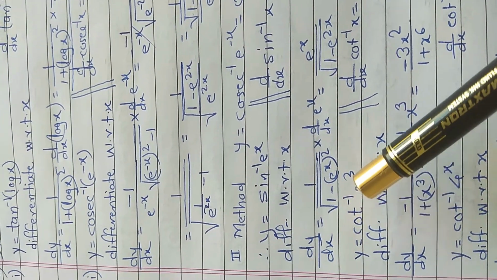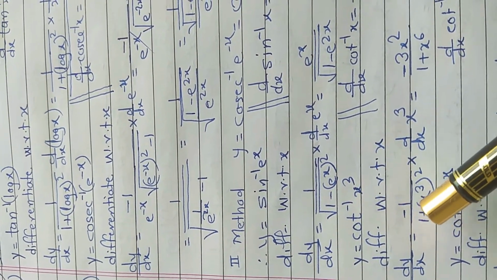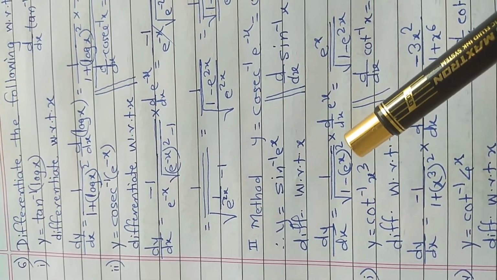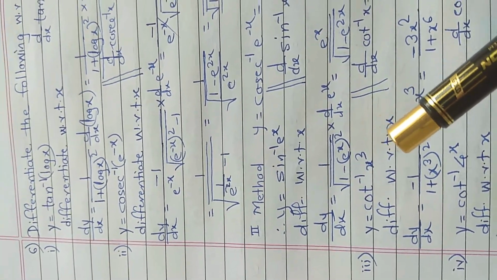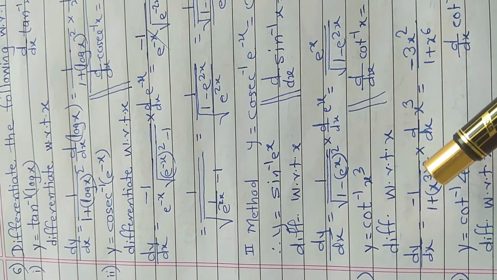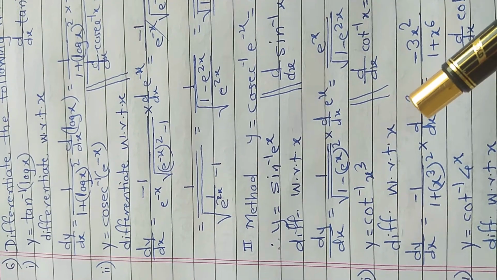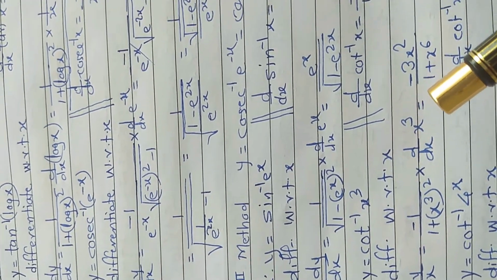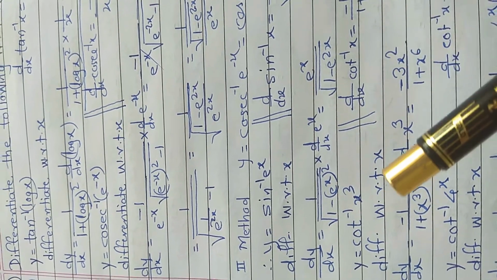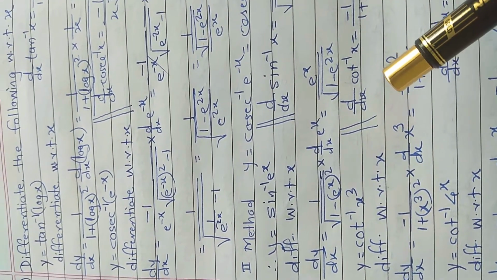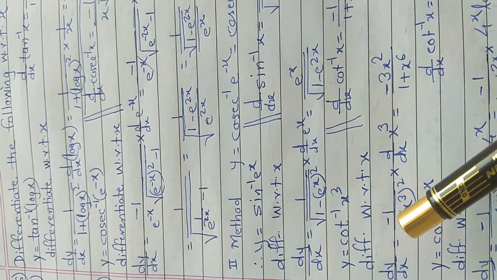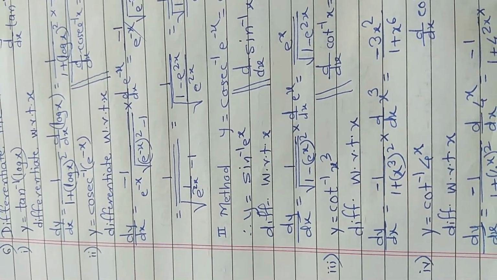So derivative of cot inverse of the variable is minus 1 upon 1 plus square of that variable into derivative of this inner thing, that is x cube. It will give you 3x square. So final answer will be this 3x square into this minus 1, which gives minus 3x square upon 1 plus x raised to 6.